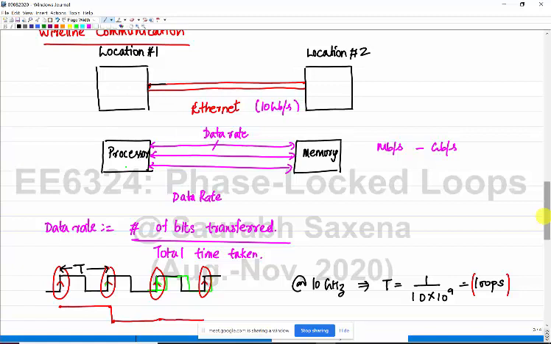So that's a different thing. In the case of wireline communication, we can change the data rate if we are changing the frequency.